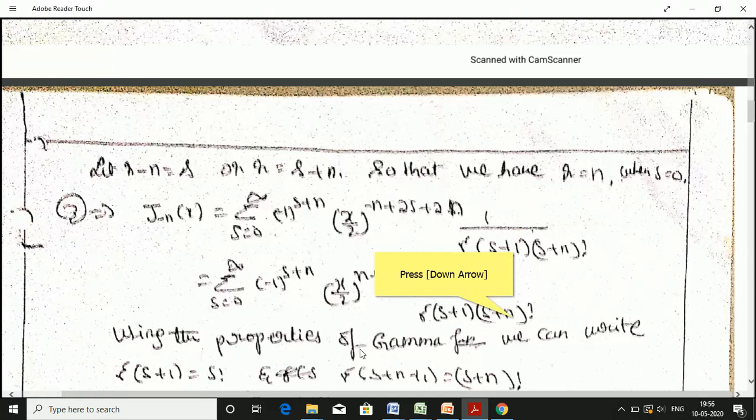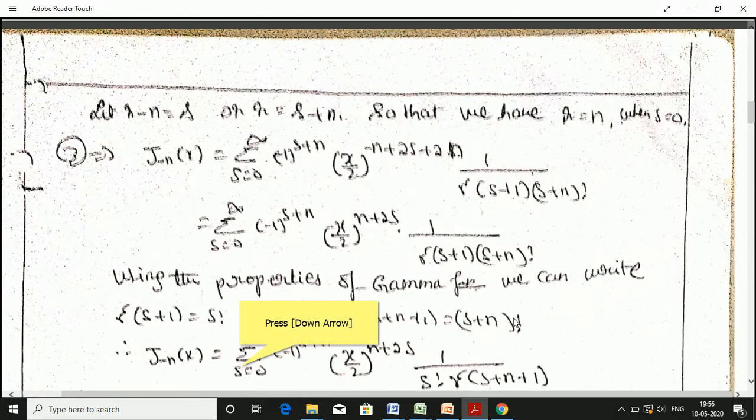Summation s is equal to 0 to infinity minus 1 to the power of s plus n into x by 2 to the power of, on simplification, 2n minus n is n plus 2s into 1 by gamma of s plus 1 into s plus n factorial. Using the properties of gamma function, we can write gamma of s plus 1 is s factorial and gamma of s plus n plus 1 is equal to s plus n factorial.